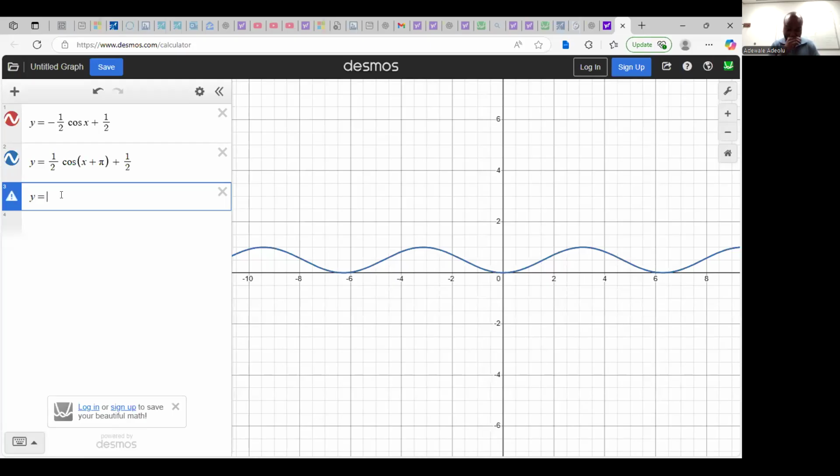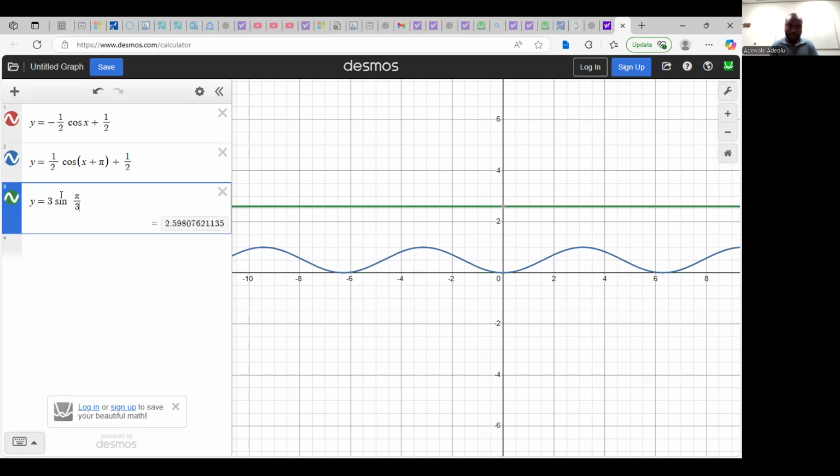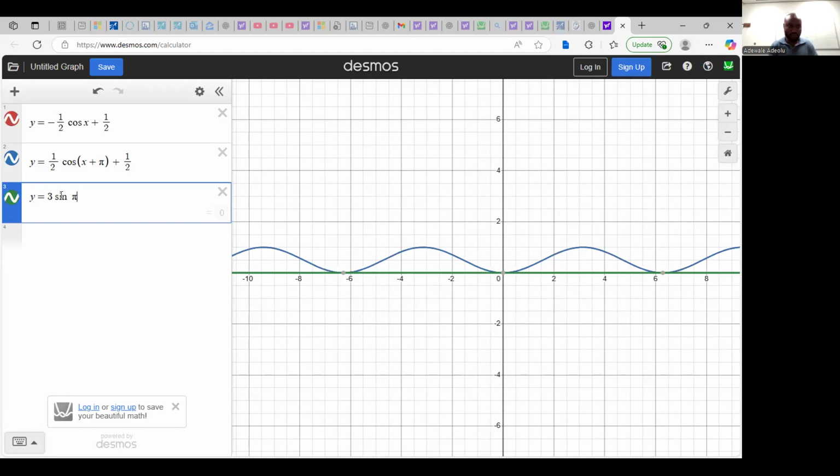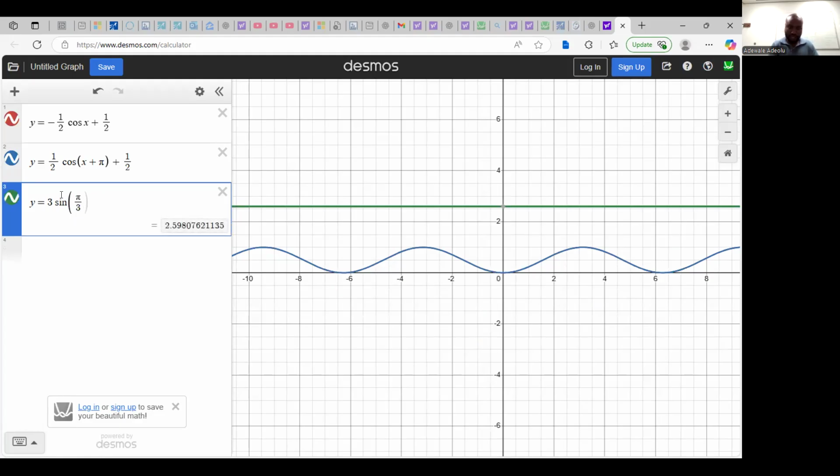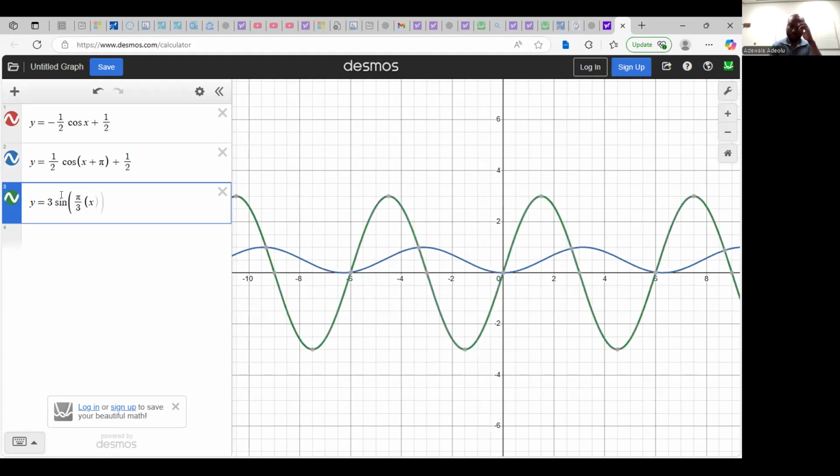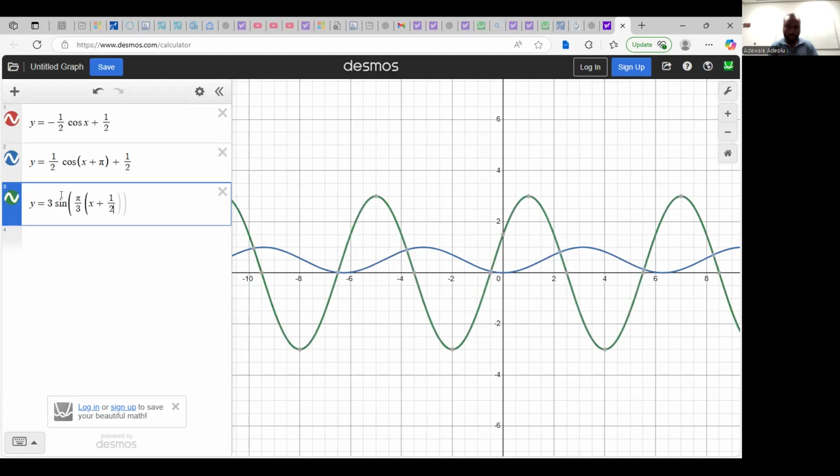Y equals 3 sine of pi over 3, multiplied by x, plus 1 over 2, I believe.